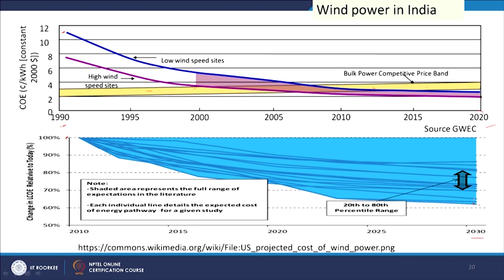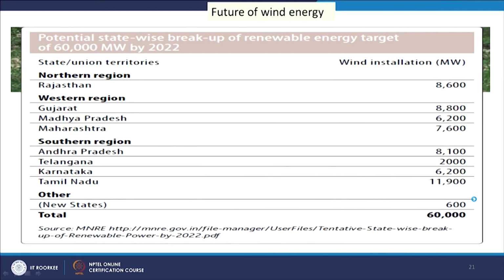So, this is the wind energy cost reduction prediction for the future, and these are the future expansion of wind energy in India: northern region, western region, southern region and others, a total of 60,000 megawatt electricity production is expected by 2022. This is the future of wind energy in the country. So, up to this on this subject, and thank you for your patience.